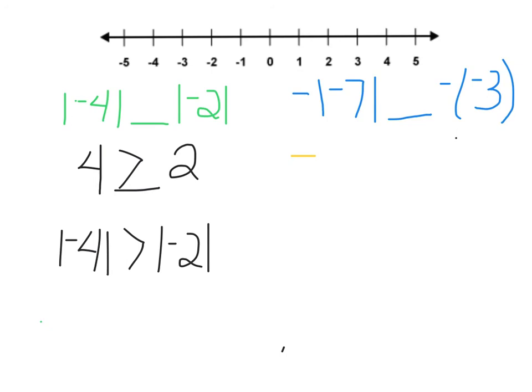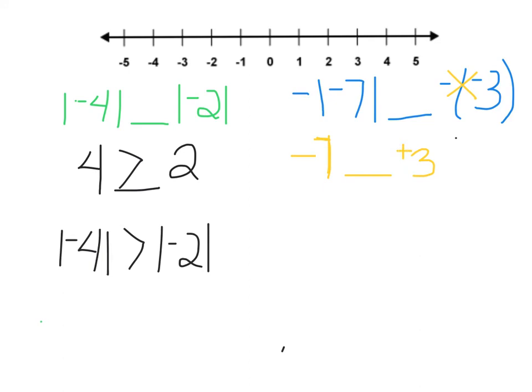So we can rewrite that as negative 7, because I've taken away the absolute value now, compared to the negative of negative 3. Both of those negatives together cancel each other out, so we're left with positive 3. So now we have negative 7 compared to positive 3.